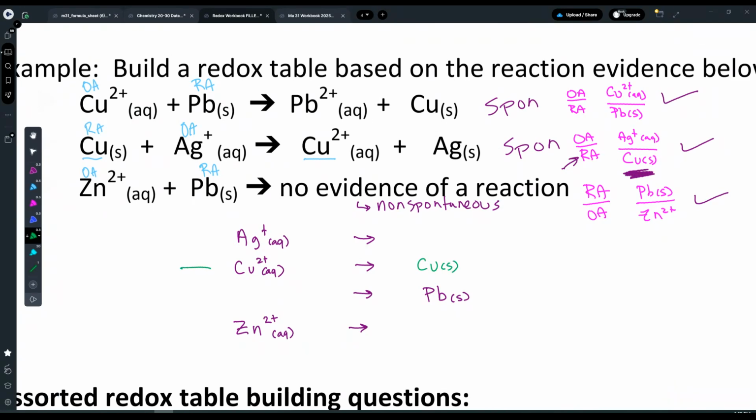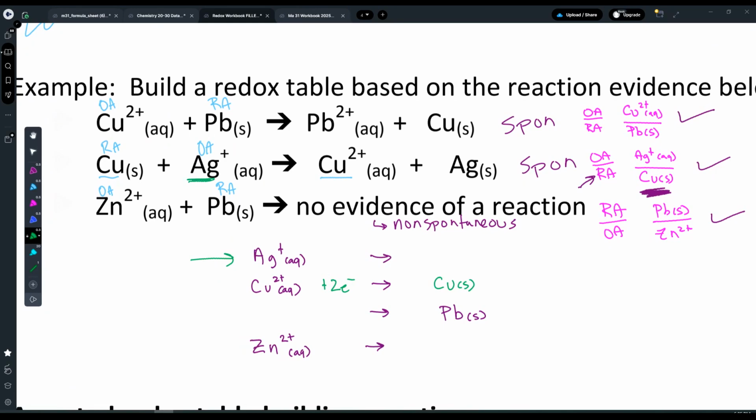Just looking at this first reaction, I'm going to start it off because I already have most of the information for it. Going from a 2+ charge to a neutral charge, the coppers are already balanced, so now I just need to balance charge. I need to add 2 electrons so that the reactant side has an overall neutral charge, same as the product side. Okay, let's look at silver. Silver goes from 1+ to solid, so I'll fill that out.